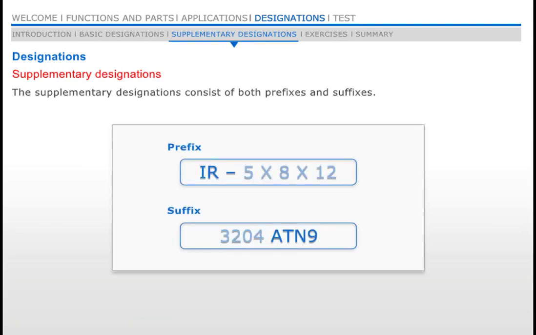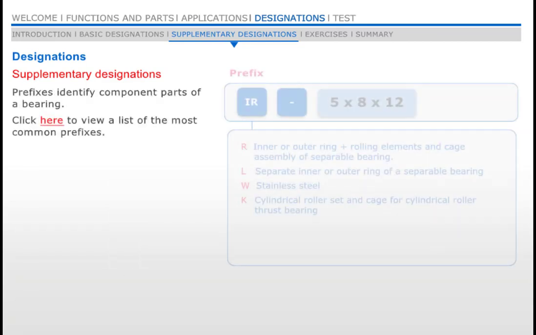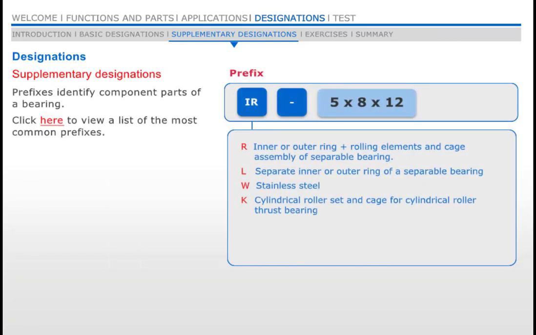The supplementary designations consist of both prefixes and suffixes. Prefixes are used to identify component parts of a bearing and are usually followed by the designation of the complete bearing.